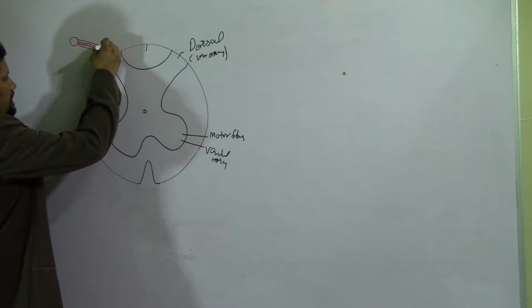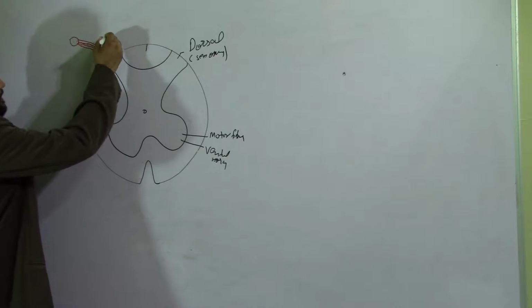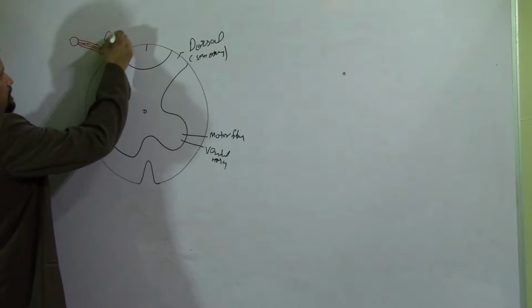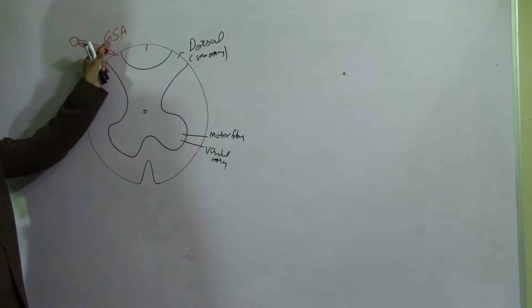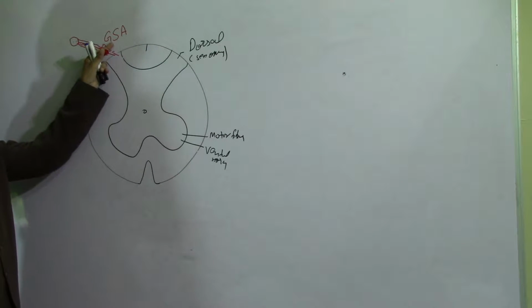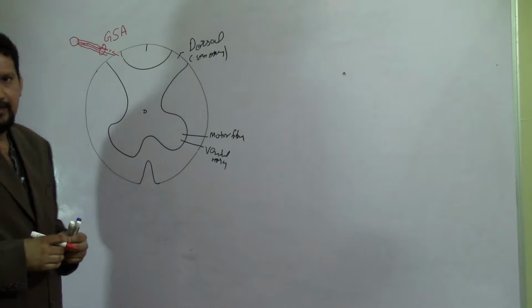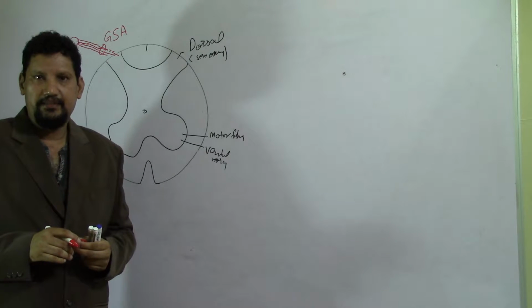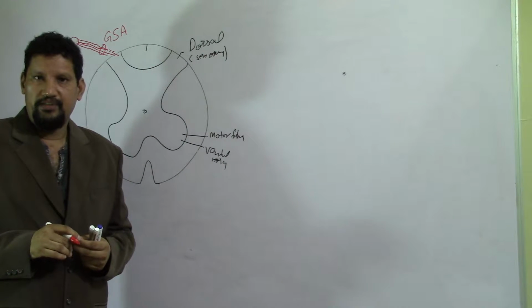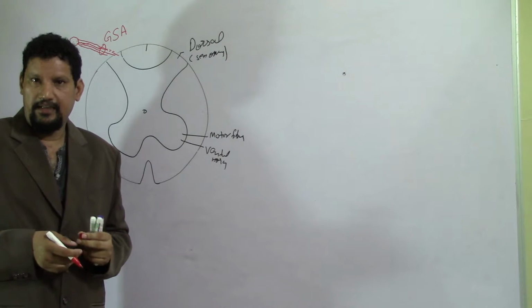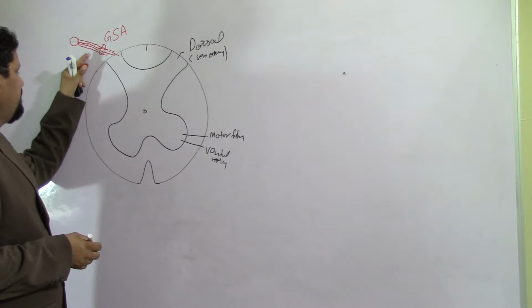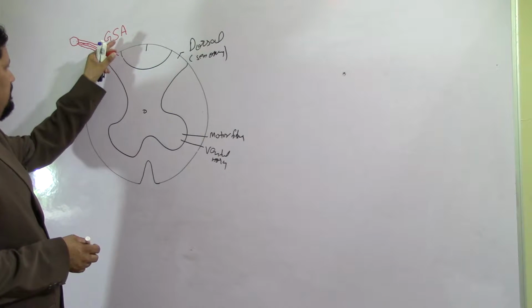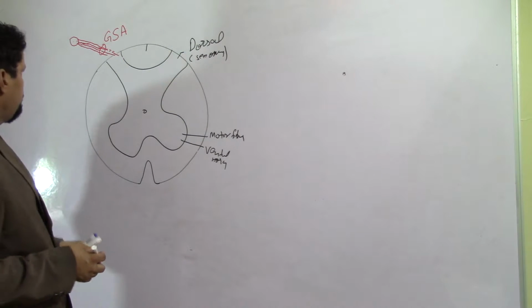These fibers are known as general somatic afferent, bringing the sensation from the somatic, that is soma, body wall, and these are bringing the sensation or sensory modalities from the skin, tendons, ligaments and muscles. So this functional component of the spinal cord is known as general somatic afferent.